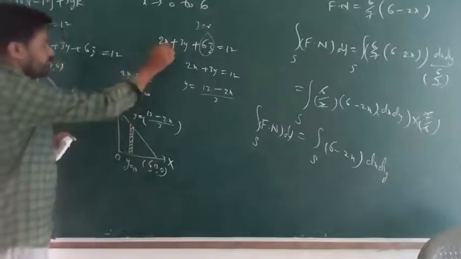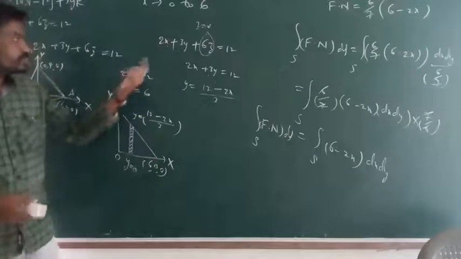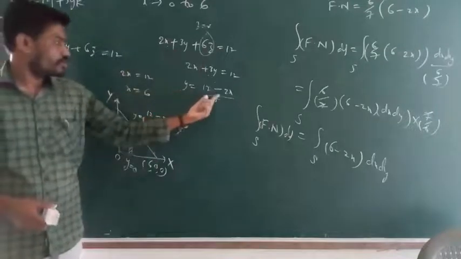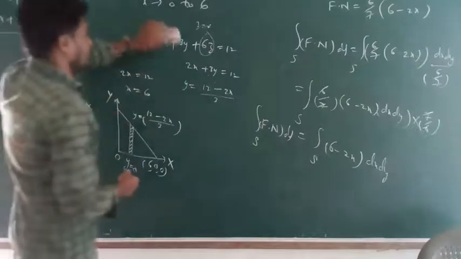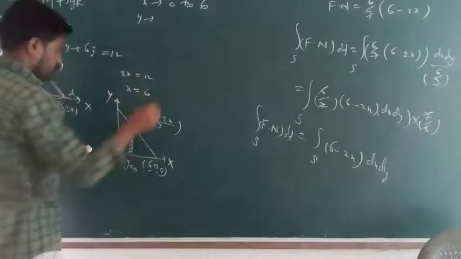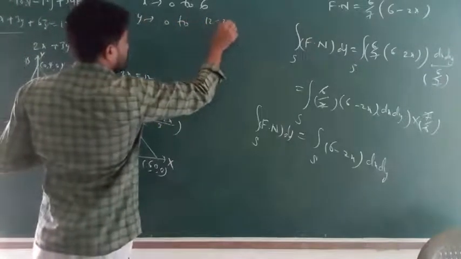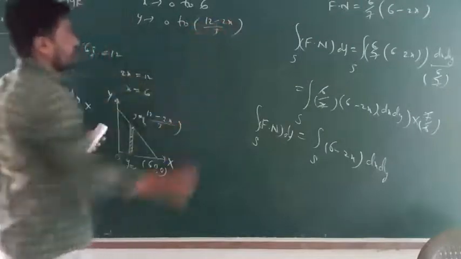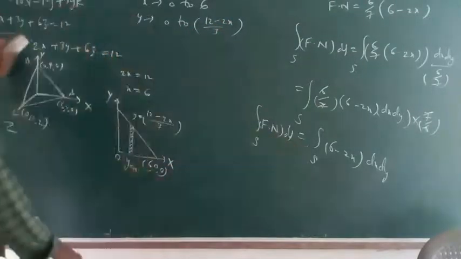Next, this is the given condition, you can select the y term. Only this is the xy plane, so the z value is 0, and y equals (12 minus 2x) by 3. So this is the process of finding limits. The x limits are over. Next, the y limits are 0 to (12 minus 2x) by 3. You can substitute these limits directly in this condition.